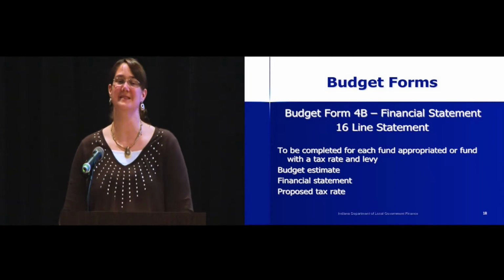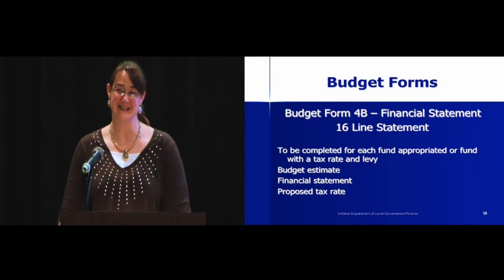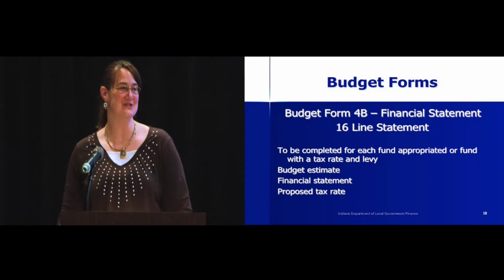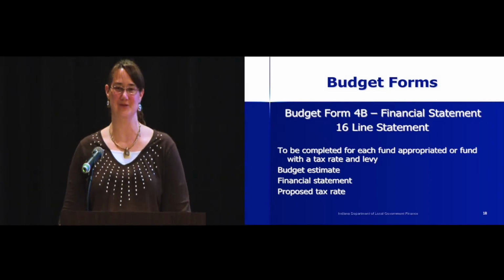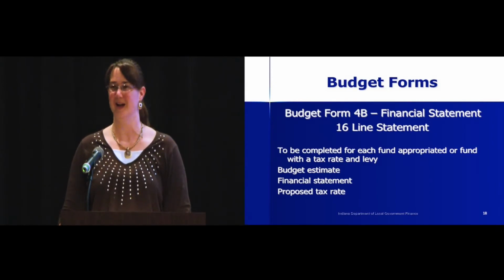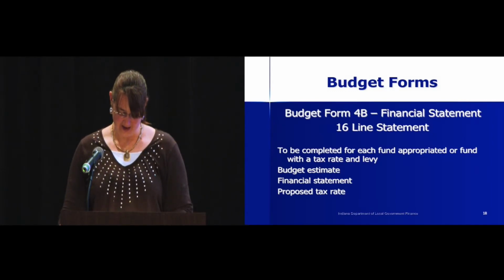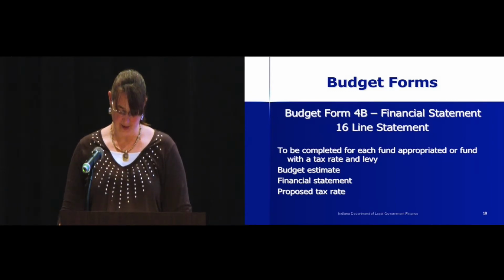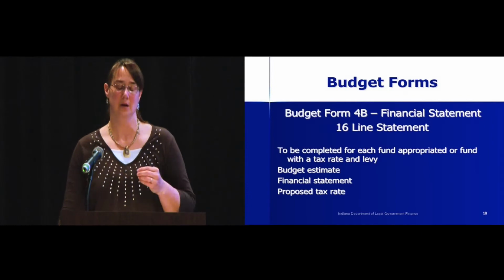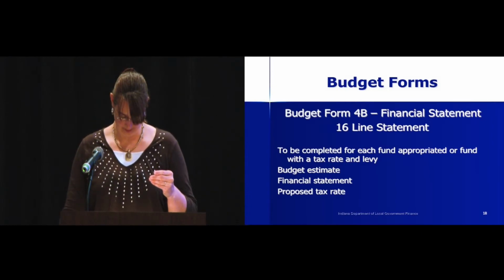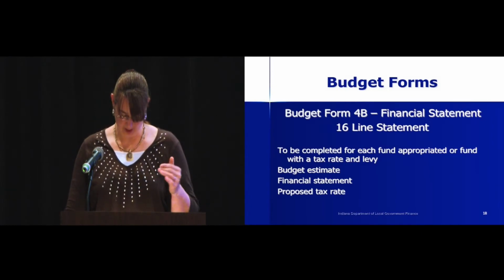Form 4B, this is also known as the 16-line statement. This is the dreaded form that many of you just throw your hands up and say, I don't know. On the Form 4B, the fund appropriations are gathered on line 1.